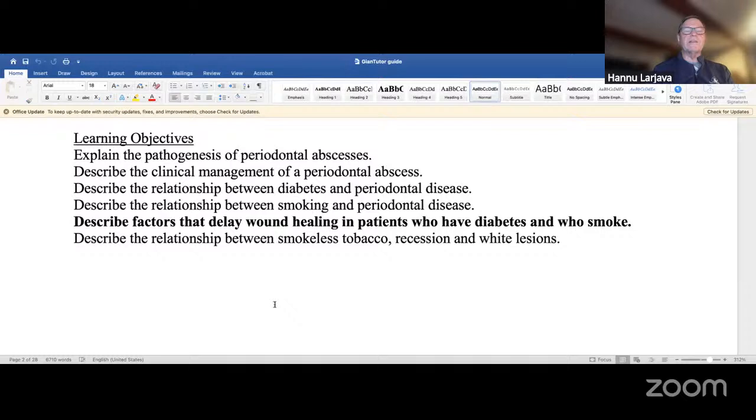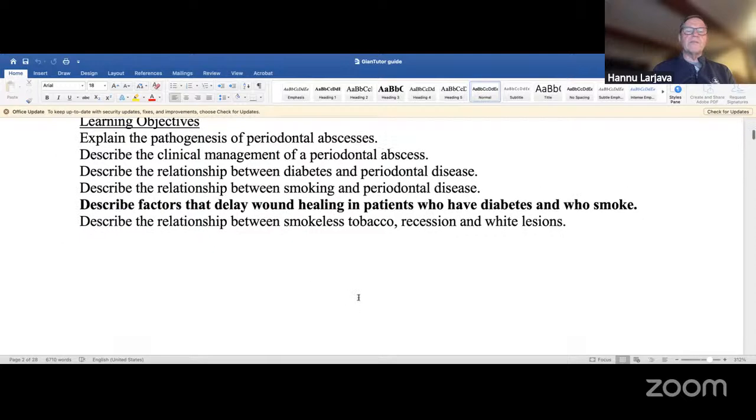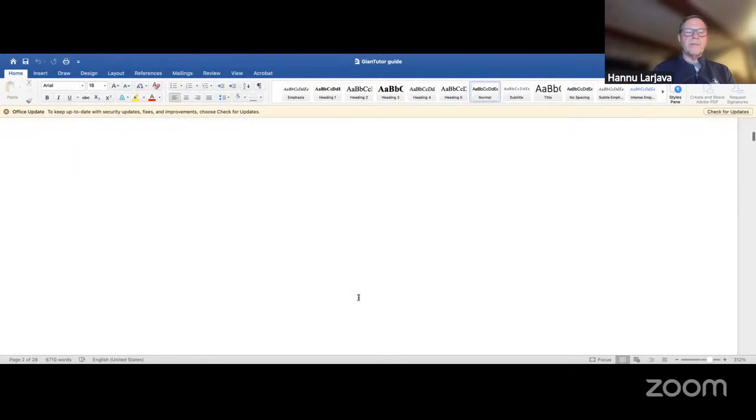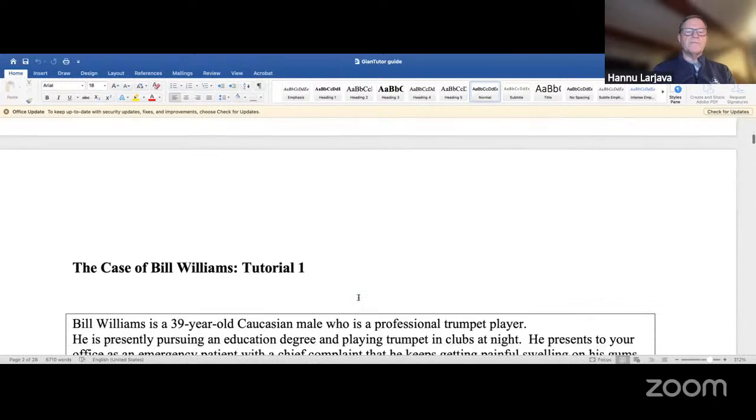I will give these learning objectives already, although the students don't typically get this part, so they don't know what the learning objectives of the case are until we publish the case.